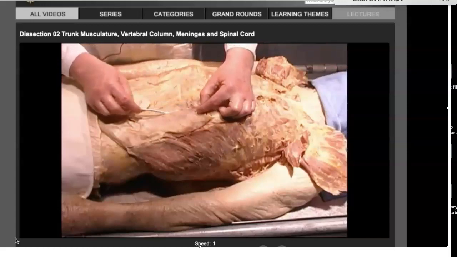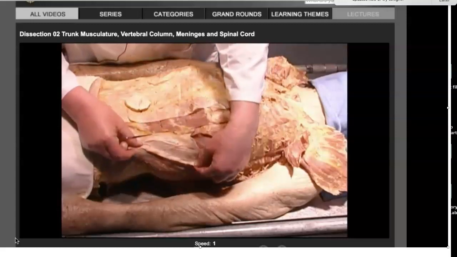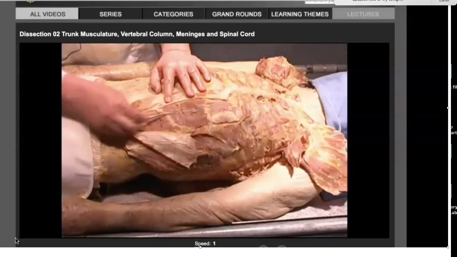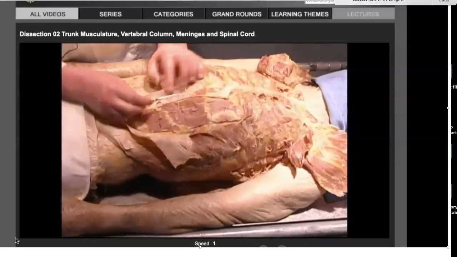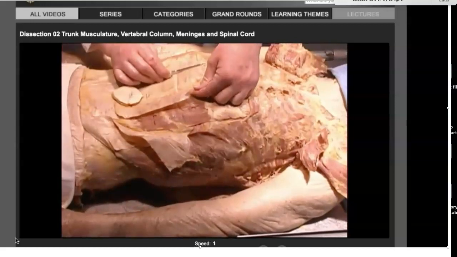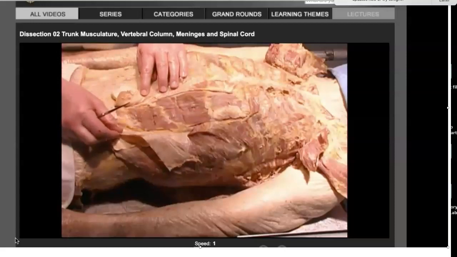So we are now cutting the anterior margin of that rectus sheath, and we've done that down the midline of the rectus muscles on the one side. So this is the midline here. There's a rectus muscle over here, and then there will be another rectus muscle on the other side within its own rectus sheath.